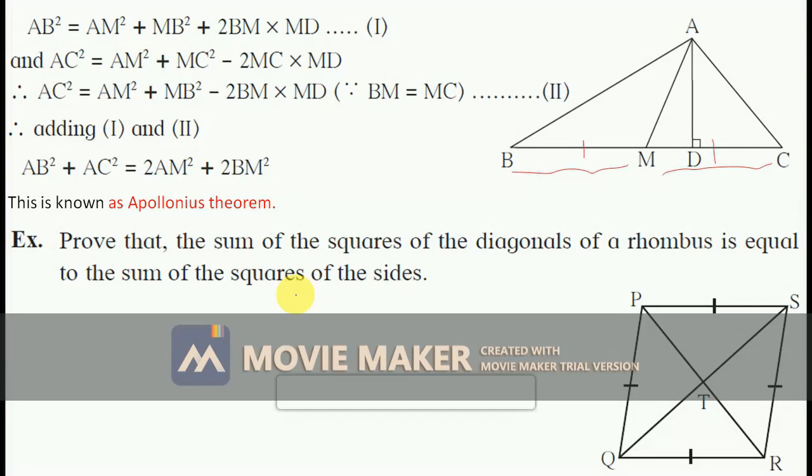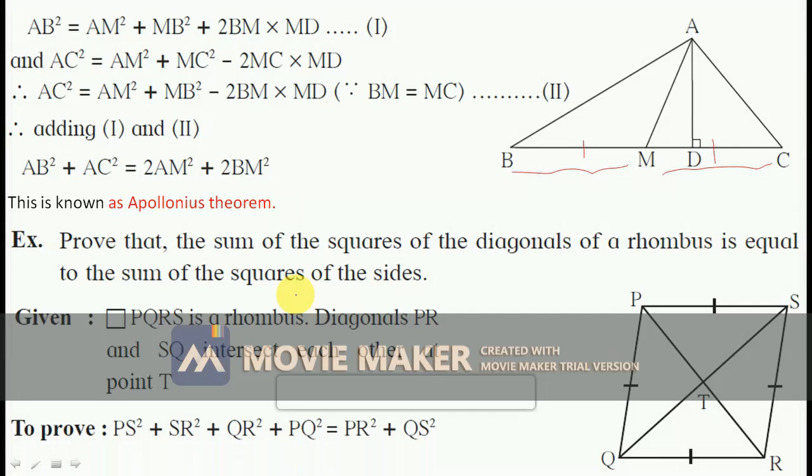Given that PQRS is a rhombus, diagonals PR and SQ intersect each other at a point T. Now we have to prove that PS square plus SR square plus QR square plus PQ square equal to PR square plus QS square.